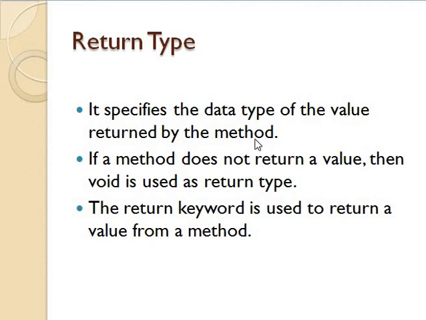Or if a method returns a decimal value, the return type will be float. But if a method does not return any value, then its return type will be void. In all these cases, the return keyword is used to return a value from a method.